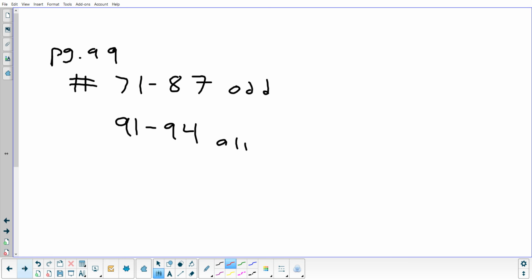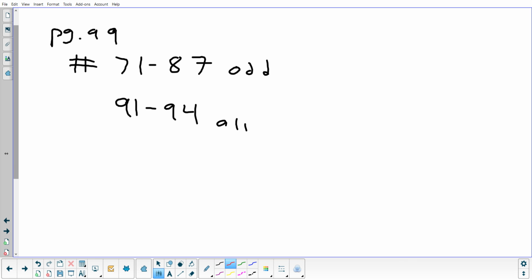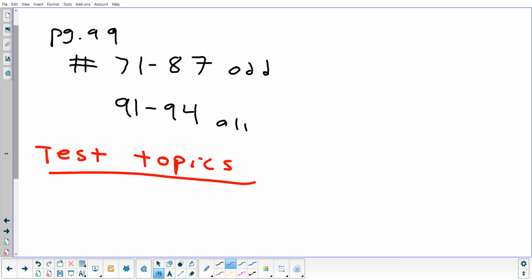So that, again, is the homework for tonight. What I usually do in the video right before the day of the test is I put the topics. So I'll add these right now. So, topics on the test. Distance formula. Midpoint formula.